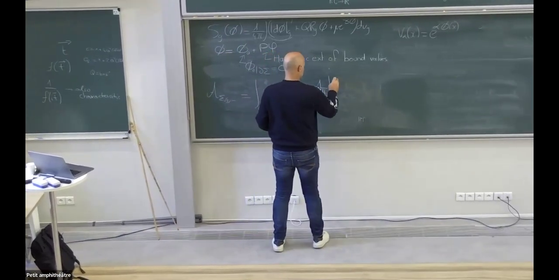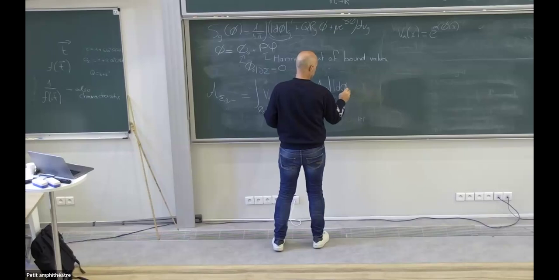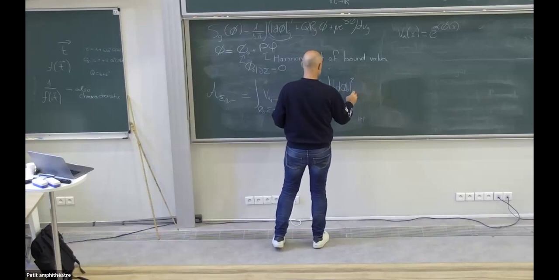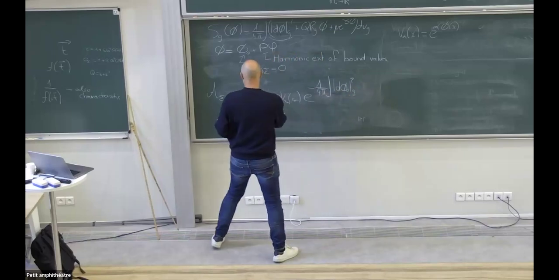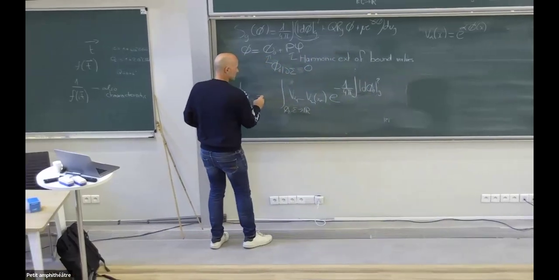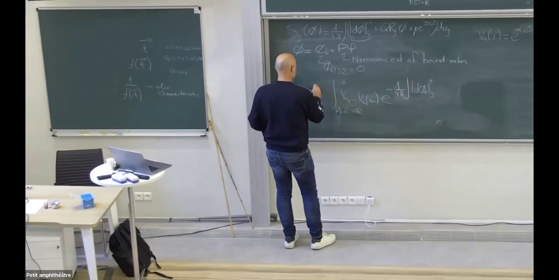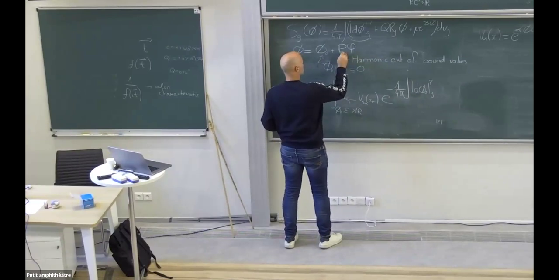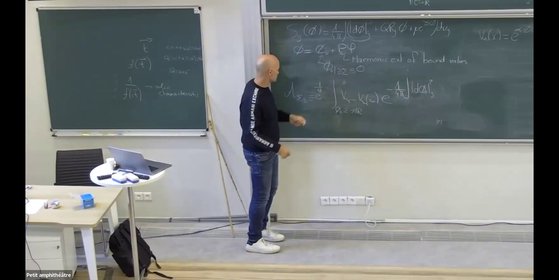So what do you have here? So you split the Dirichlet energy. And then you have exponential minus 1 over 4 pi. I will put a sigma here. This is the harmonic extension on sigma.